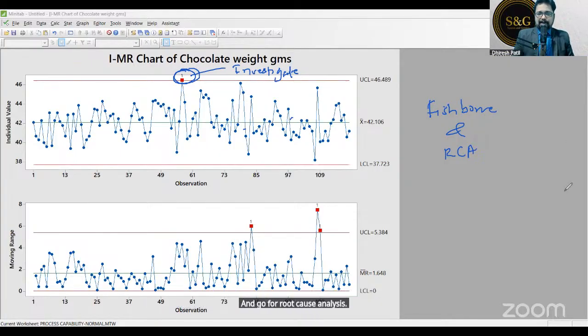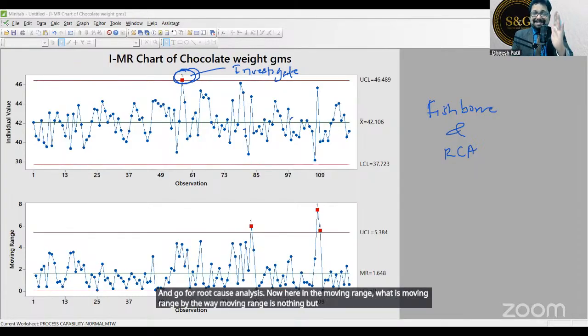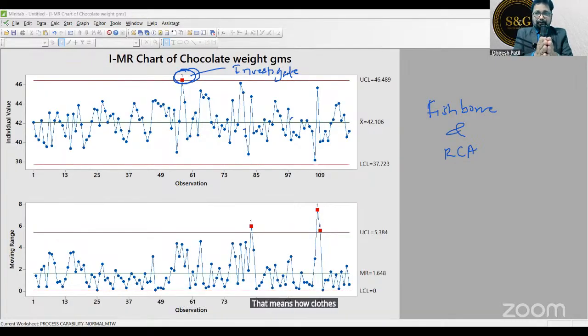Now here in the moving range, what is moving range, by the way? Moving range is nothing but the difference between consecutive data points. That means how close the process is moving.